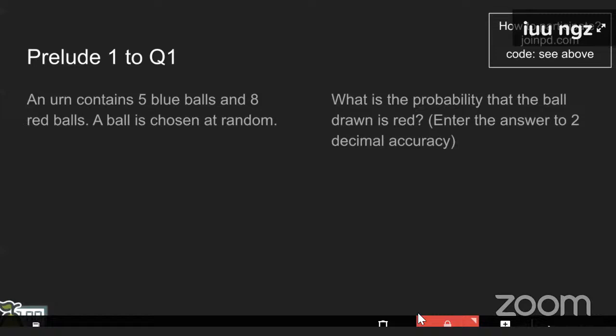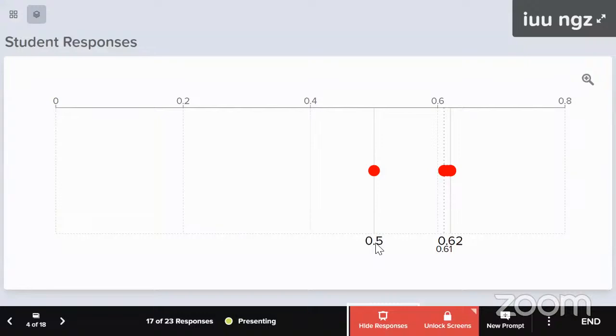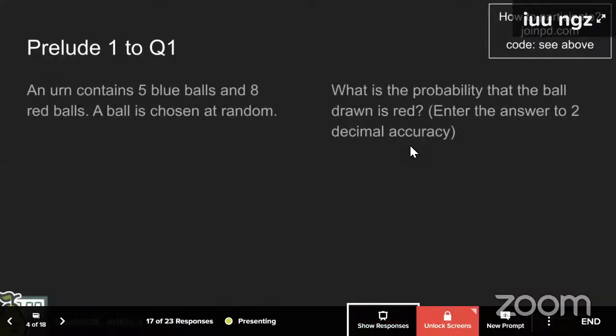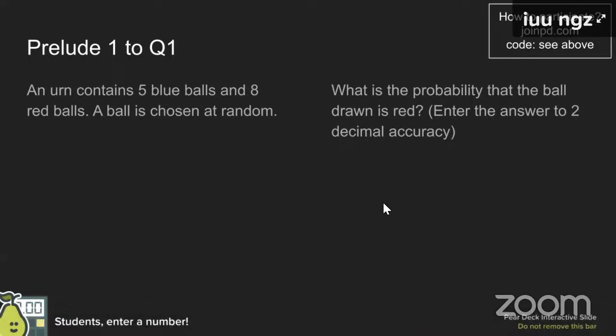All right, then I will just show the responses. You see, many people have answered near 0.6. That seems to be the right answer. Let's see. We already know that in an urn you have 5 blue balls and 8 red balls.